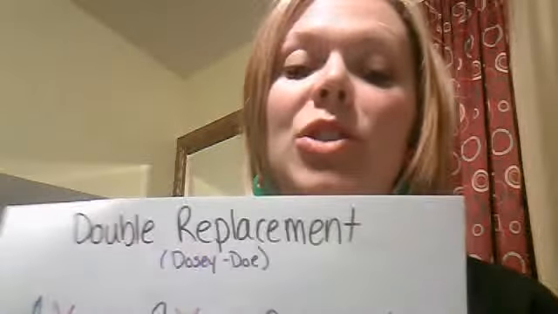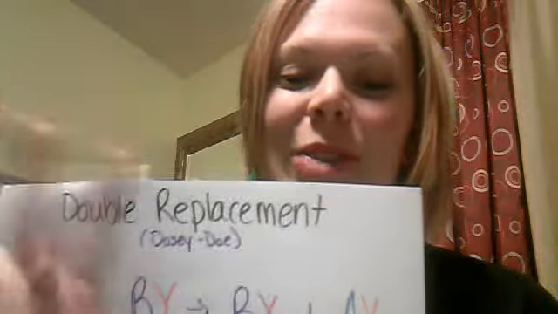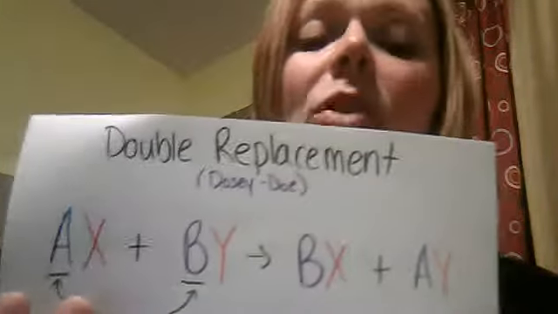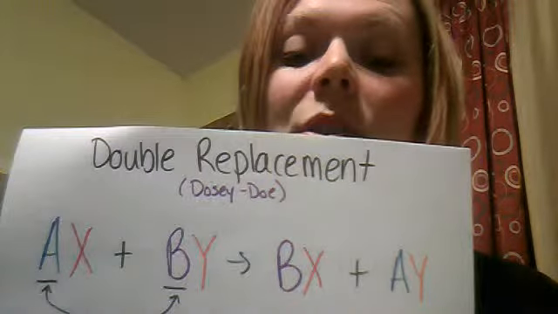The next one is another one like dancing, where you have one replacing another. This one is where two switch, so I like to call this one do-si-do, meaning swing your partner's do-si-do. So what happens in this is that you take, and you don't have to switch the cations, you can switch the anions. I like to go ahead and switch the cations.